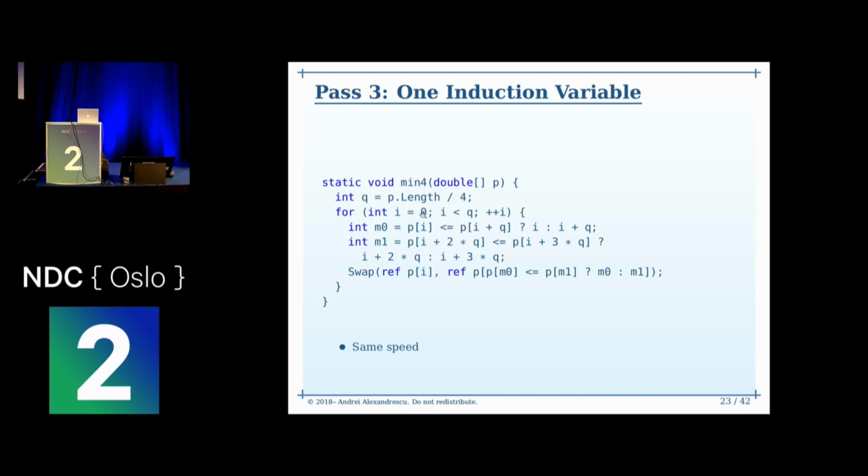So I have I equals 4, I less than q, which is a quarter of the array, and I just increment I. And inside the loop, I trade computation for data by means of, for example, I compute here I plus 3 times q, which would be one third of the array away from here, right? So instead of having four variables going in lockstep like that, I'm going to have one and compute the rest every time in the loop. So it looks like a reasonable thing to do. It didn't improve any speed.